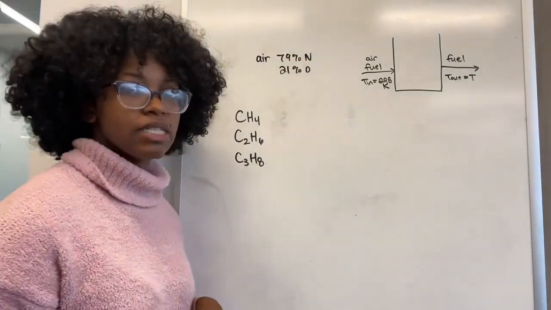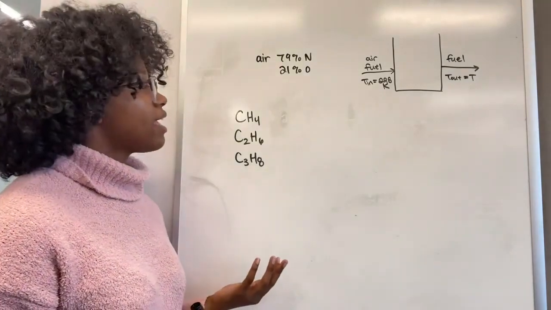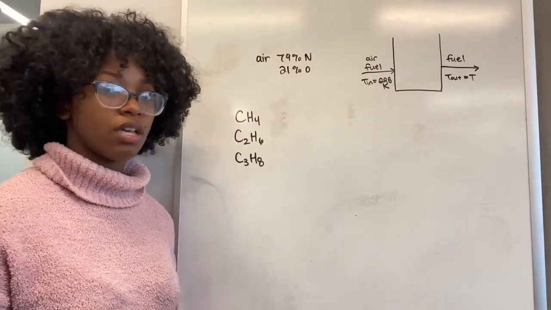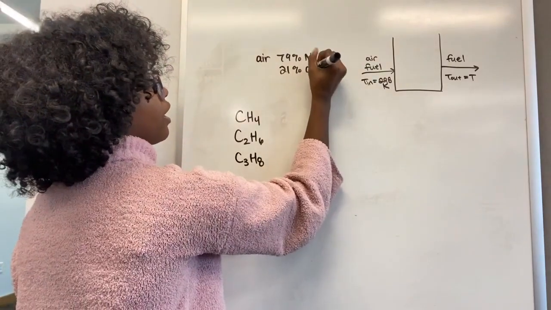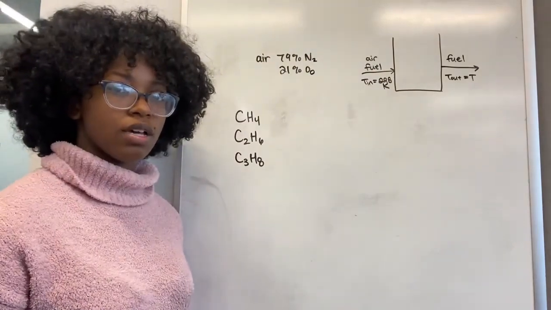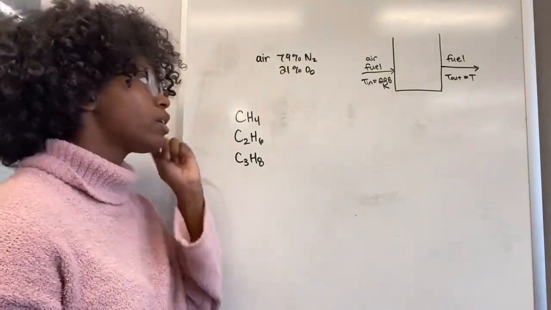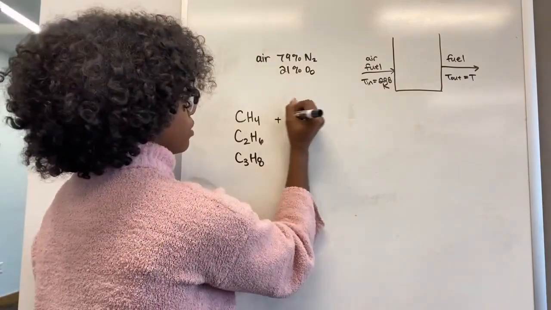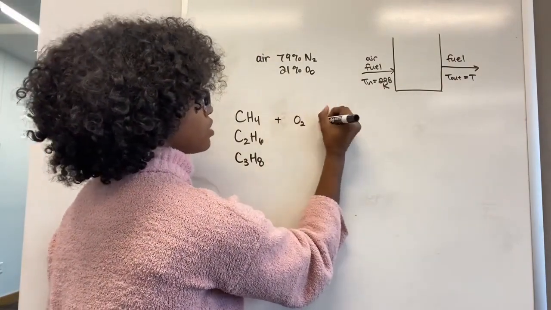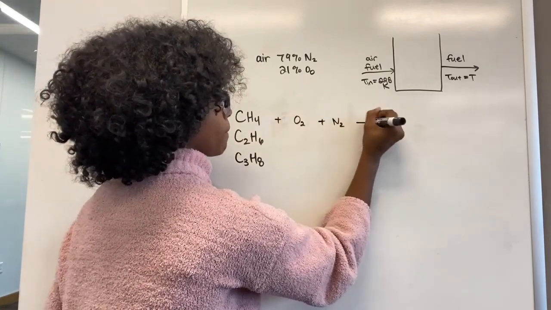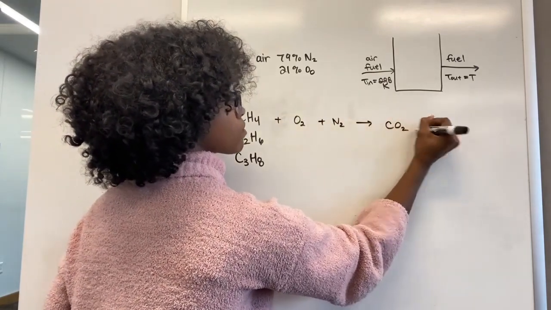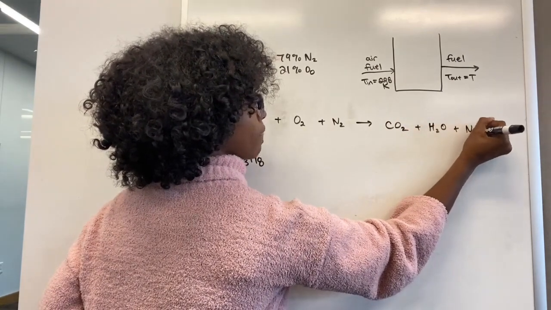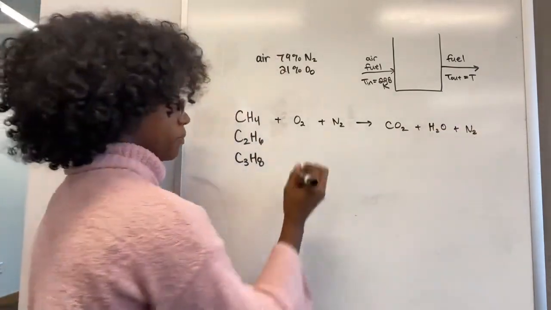And this also means it is 0.79 moles of N2 and 0.21 moles of O2. So since we're burning with air, we have to account for nitrogen. So we can write this reaction as such for all three.